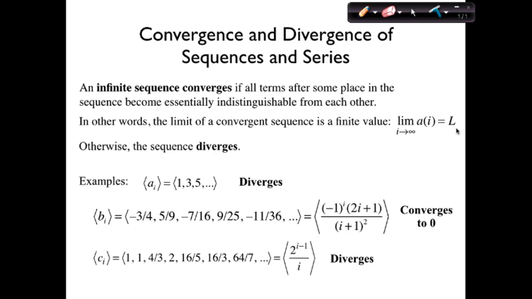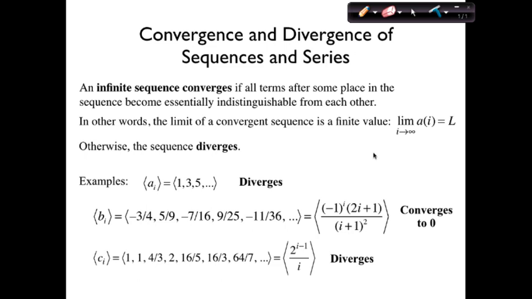Then you have a convergent sequence. Otherwise, in any other situation, it blows up to positive infinity, it blows up to negative infinity, or it just keeps jumping around, it diverges.